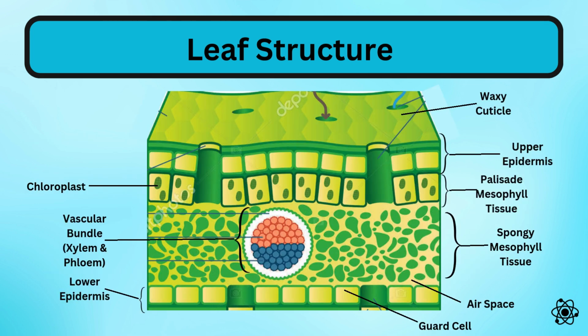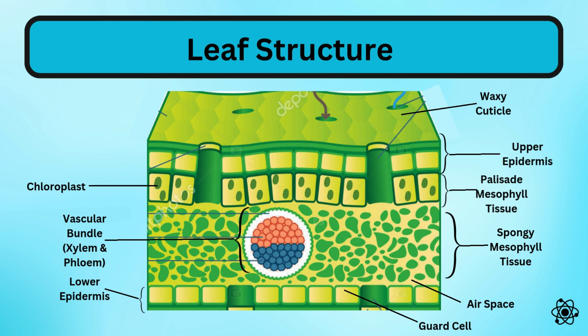This is the cross-section of a leaf, and these are the parts that you will be expected to identify in the leaf of a dicotyledonous plant. So, at the top we have the wax cuticle, and the top layer is called upper epidermis, and then it is the palisade mesophyll tissue which contains chloroplasts.